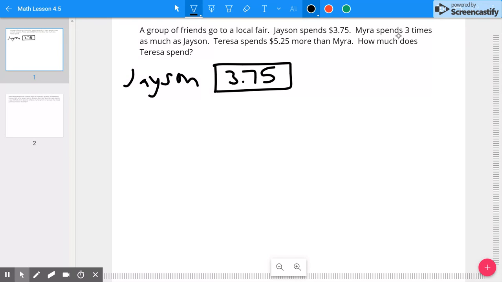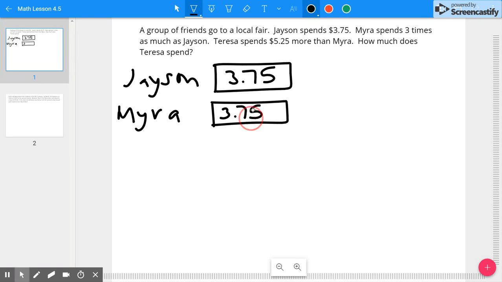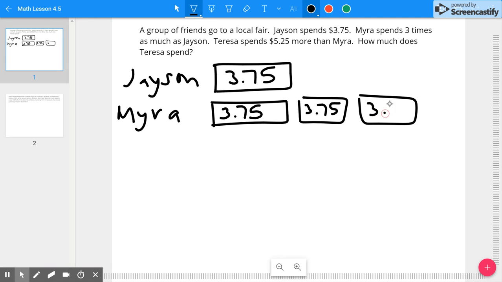And then Myra, it says that Myra spends 3 times as much as Jason. So I'm going to write Myra's name. And Myra spends the $3.75. So I'm going to write a new box for her. She spends another $3.75, and then she spends another $3.75 because remember, she spends 3 times as much as Jason.